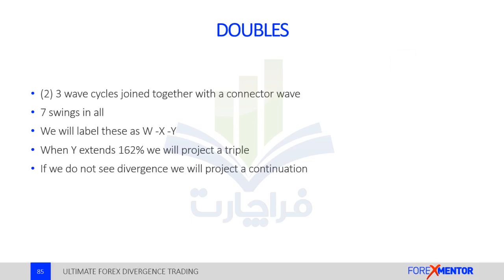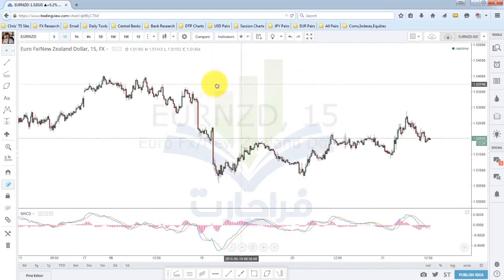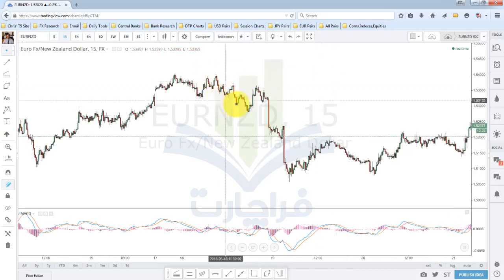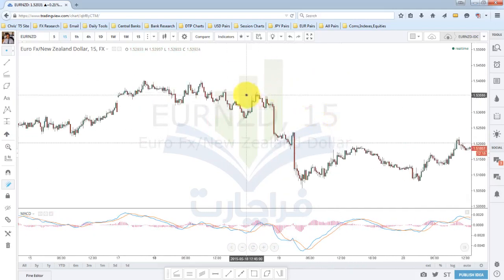All right, so let's go and look at the charts. I'm going to pull down a Euro New Zealand dollar chart. I'm just going to isolate this particular cycle right here. Actually, I'm really going to back out and look at this entire cycle right here, because this is what we call an extended cycle, and we'll show you that in a moment.